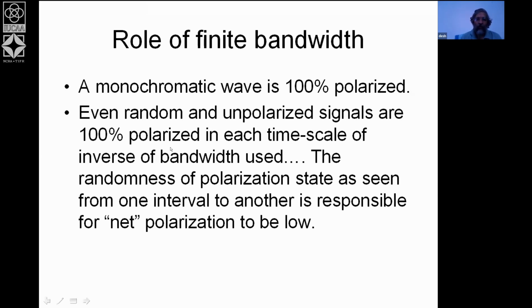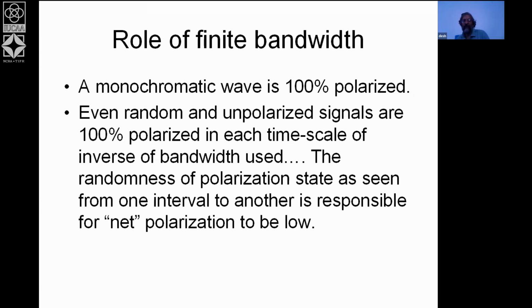More practically, let's take completely randomly polarized light, which we call an unpolarized signal. If we look at any given time, it appears to have a certain state of polarization, and that persists for as long as the time which is the inverse of the bandwidth.